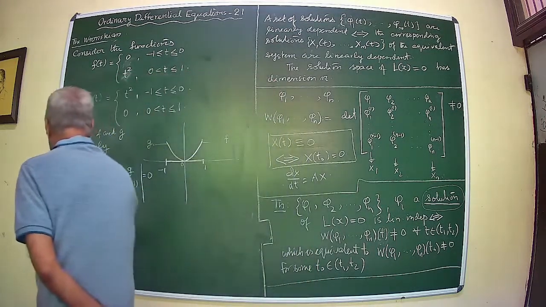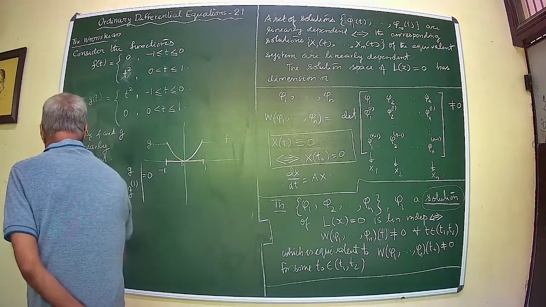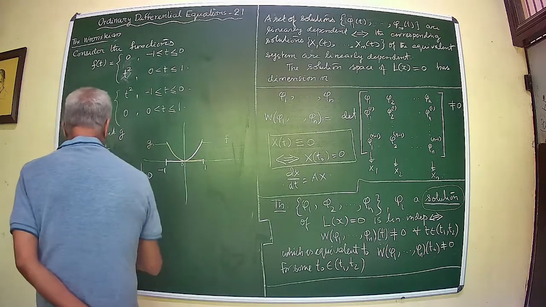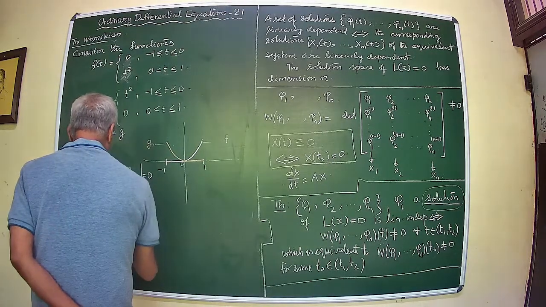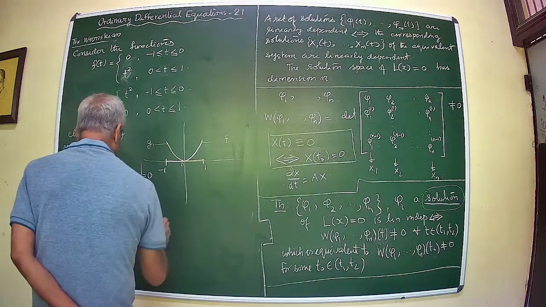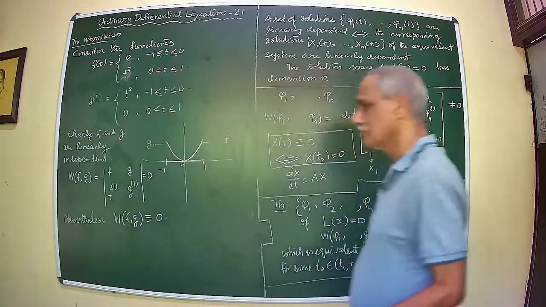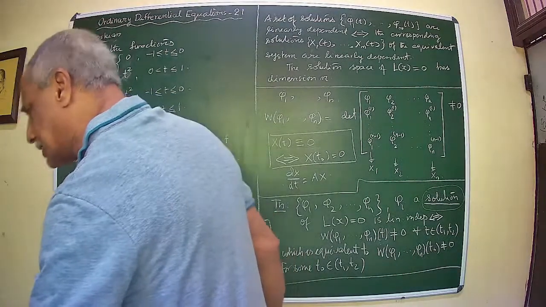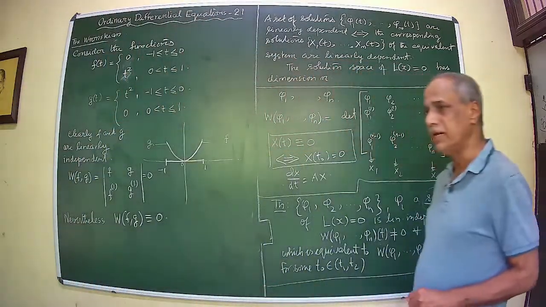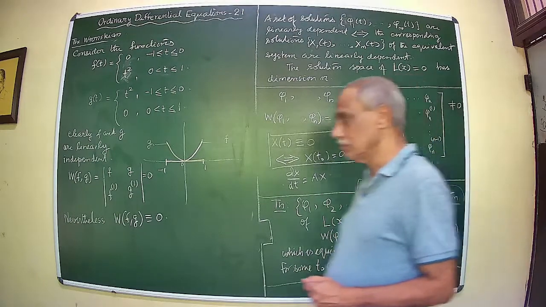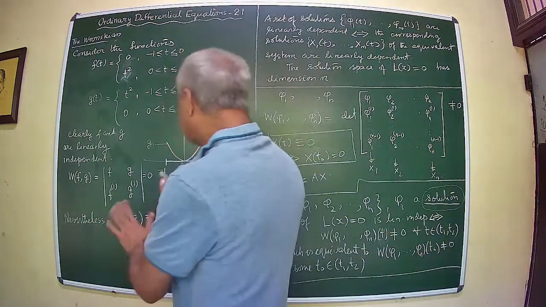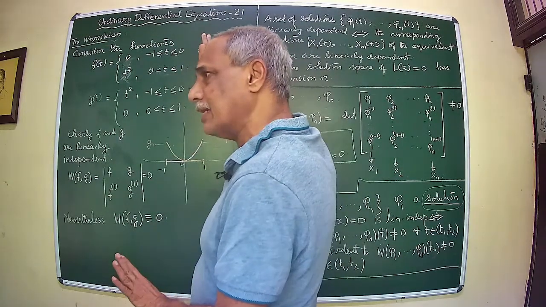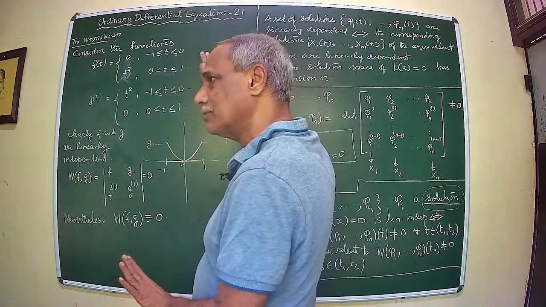So nevertheless, even for linearly independent functions, you can have W(f,g) identically equal to 0. But what is happening here? See, they are not solutions of any differential equation.